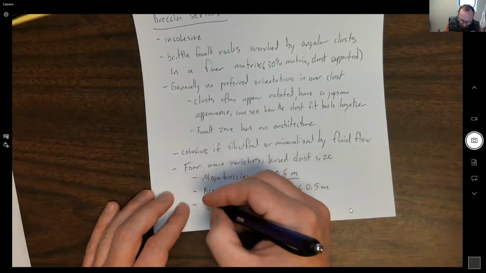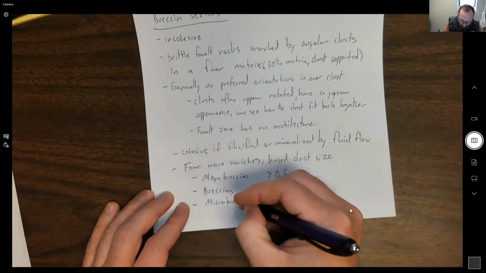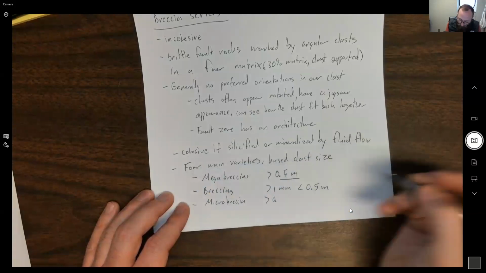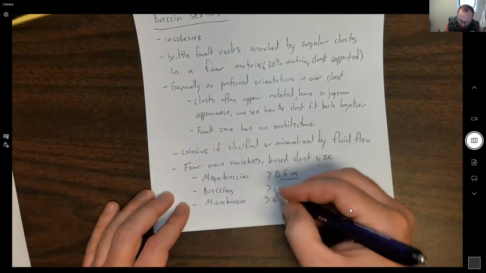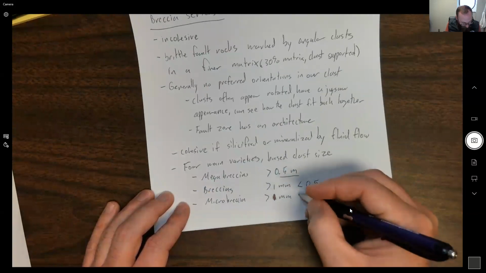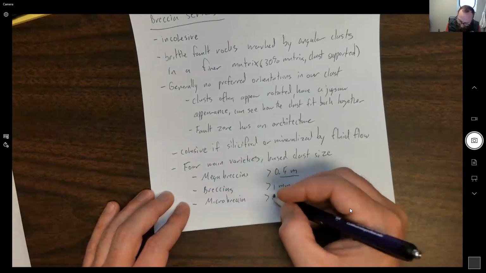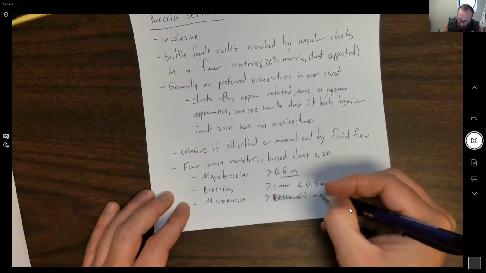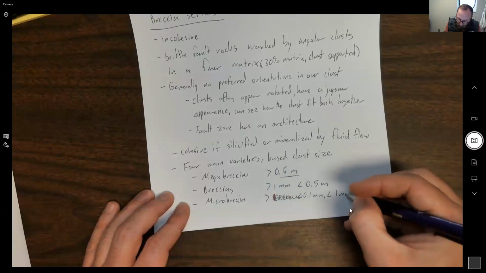And then microbreccia, in which our clasts are larger than 0.1 millimeter and smaller than 1 millimeter.